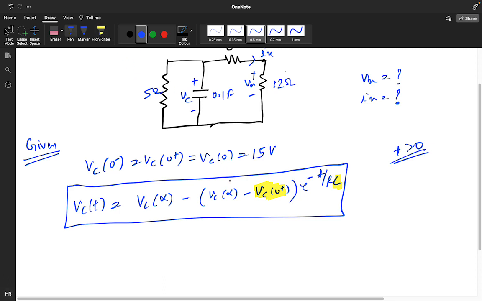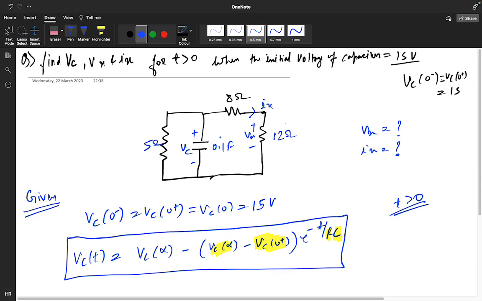R equivalent we don't know. We need to find the Vc of infinite value, then our things will be done. So how will you solve this particular circuit? How will you solve this particular circuit?